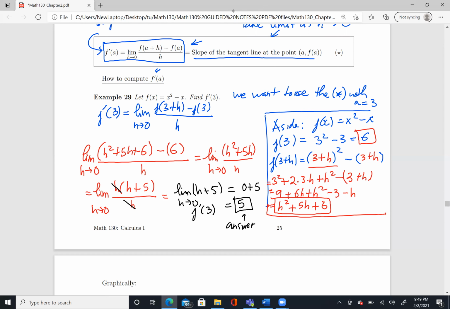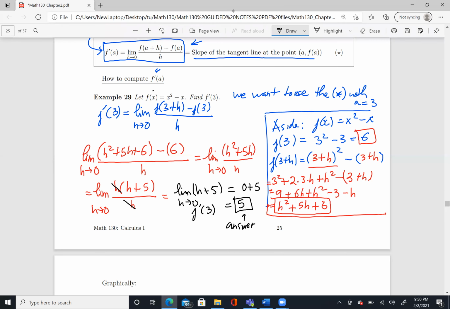And it should be a number because this is the slope of the tangent line at the point x equal to 3.